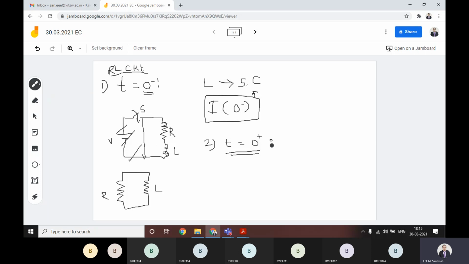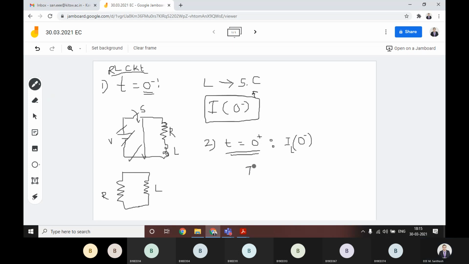For that reason, the previous case, that is 0 minus, what is the current? I of 0 minus that you have calculated. Then if you have this current, this is I of 0 minus for the inductor.